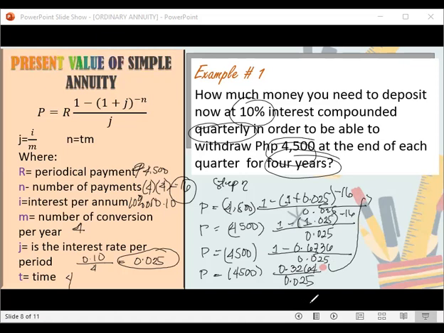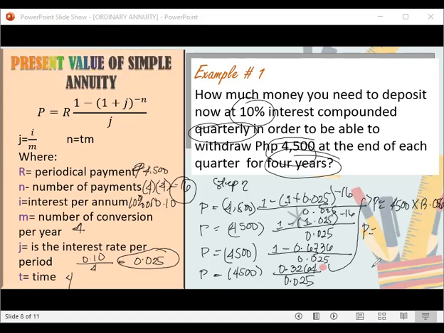So, 0.3264 divided by 0.025. Ano po kaya ang sagot? Yes po. So, the answer is, so 4,500, copy ko lang, times 13.056. Okay, so last na po.